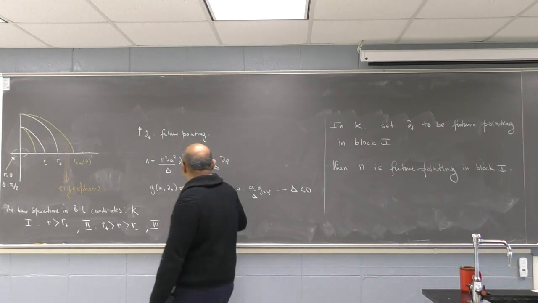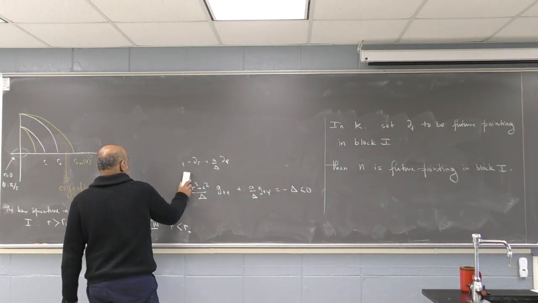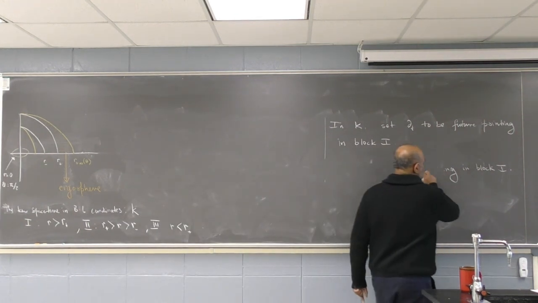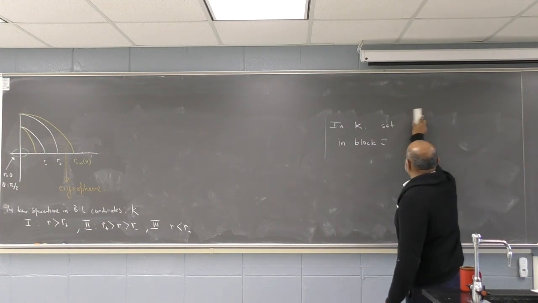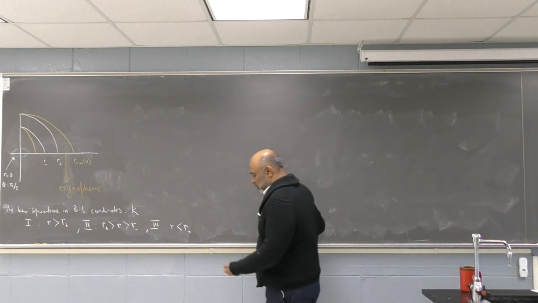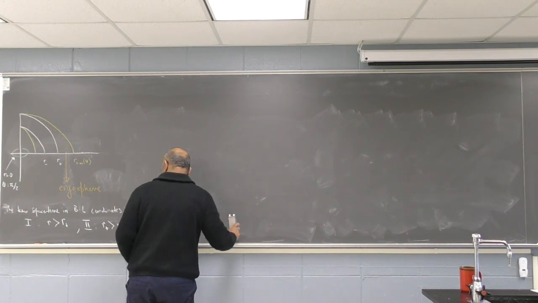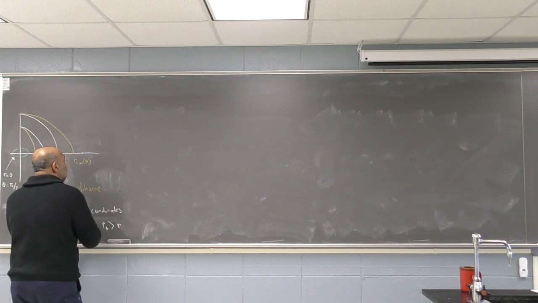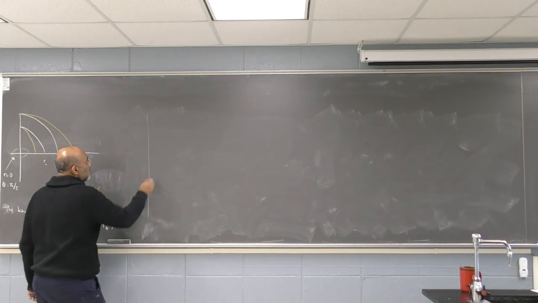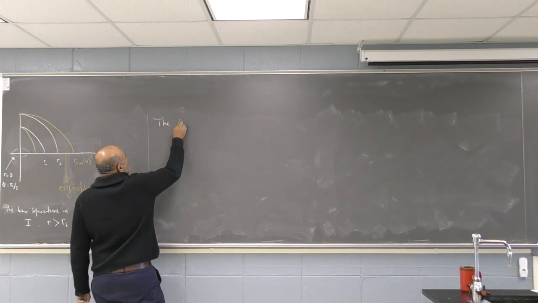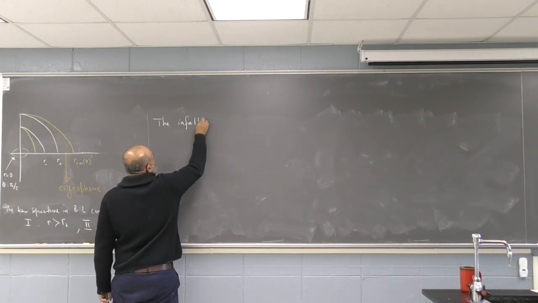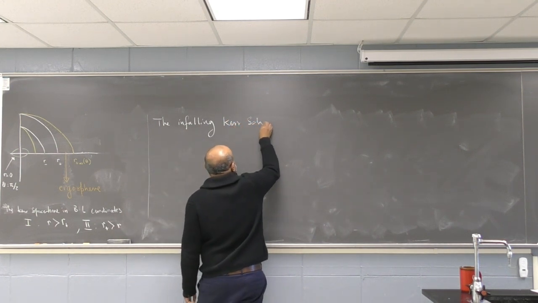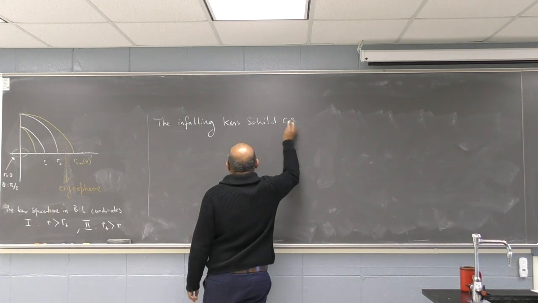So our goal is, using light perhaps, to find a coordinate system, and this is good because it gives us an idea on how to actually change coordinate systems. Okay? The infalling Kerr-Schild coordinate system.